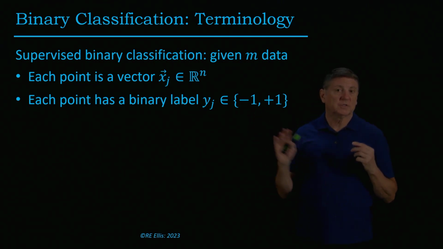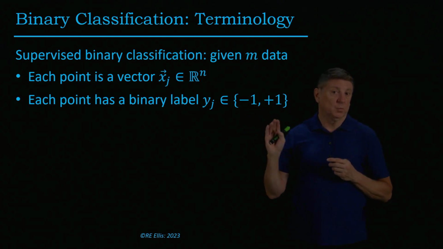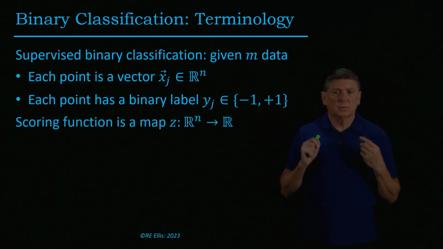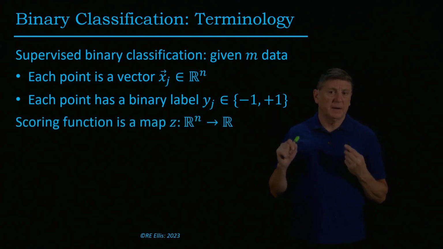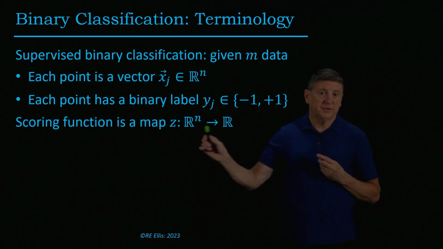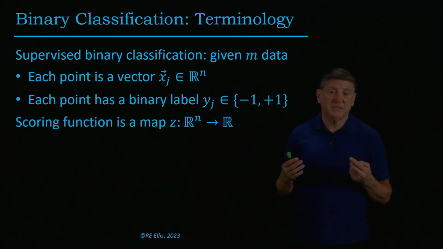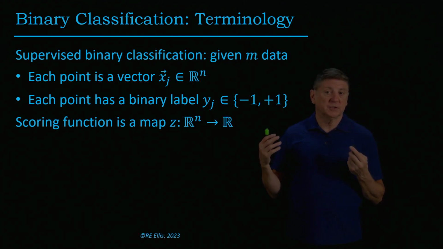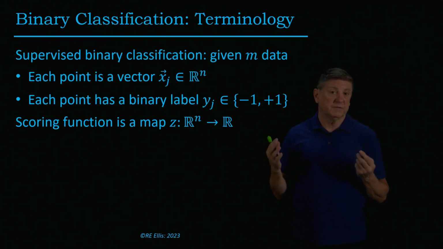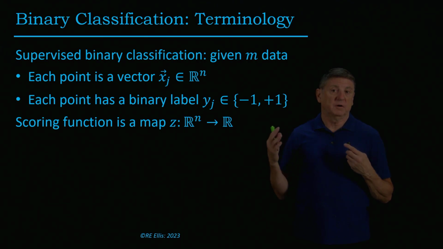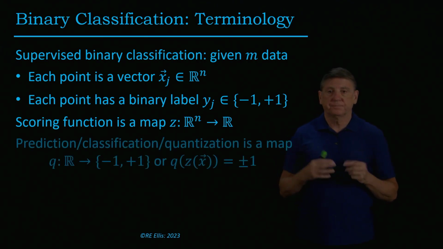In neural networks, the labels are often 0 and 1. So we'll call a scoring function a map that goes from a vector to a real number. For example, in principal components analysis, PCA, we had such a score, and that score was given by the dot product of our vector and the loading vector.